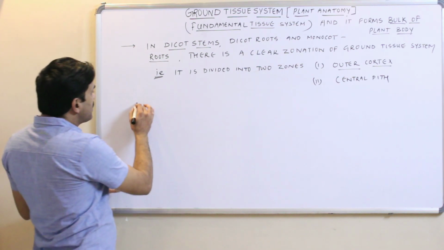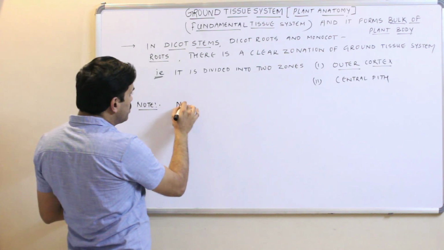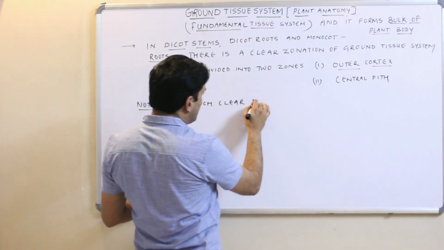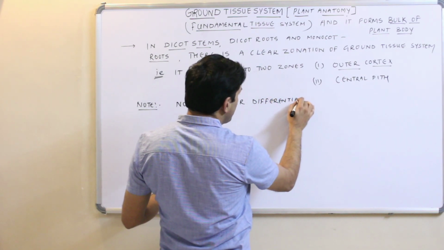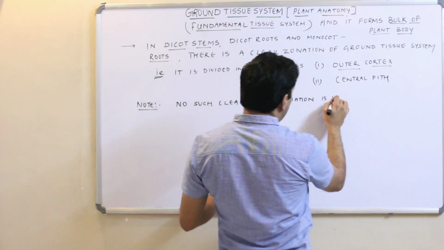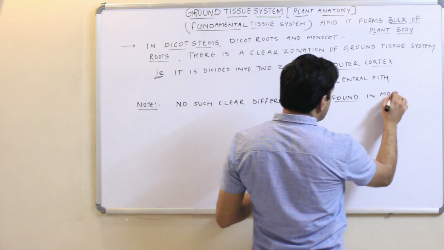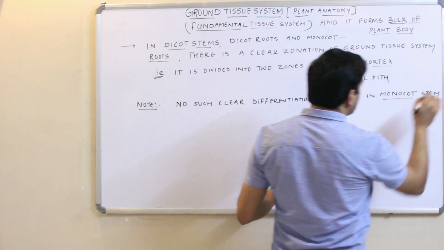Fine. Now I am putting a note here. No such clear differentiation is found in monocot stem. Very, very important, monocot stem. Why?